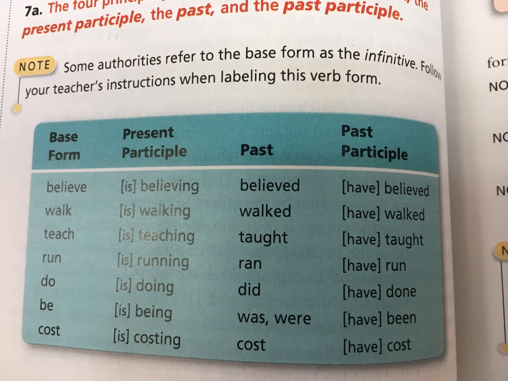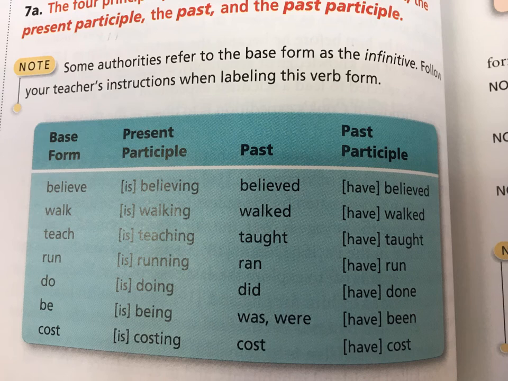The principal parts of verbs. There are four principal parts of verbs: the base form, the present participle, the past, and the past participle. The base form sometimes has a to before it, and if so, it's called the infinitive form.